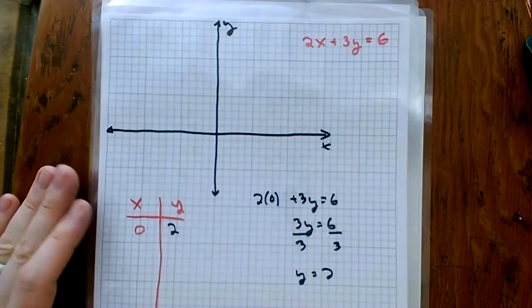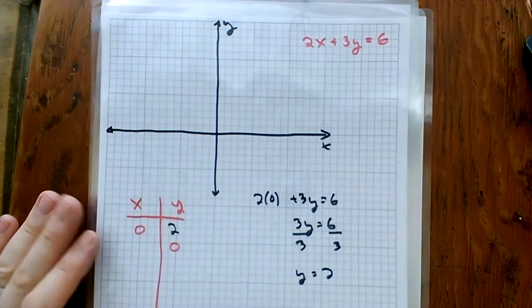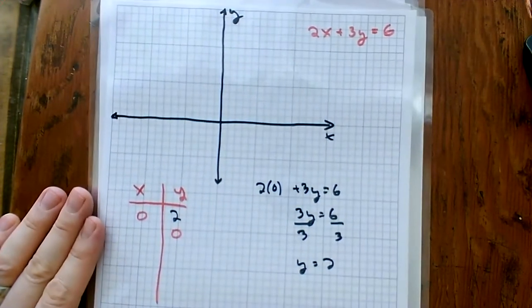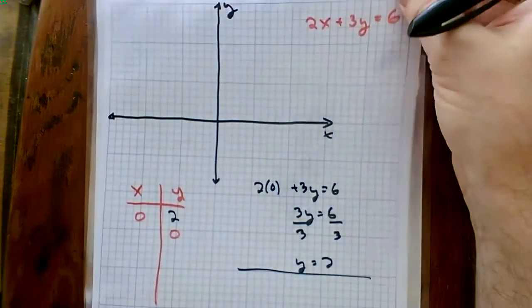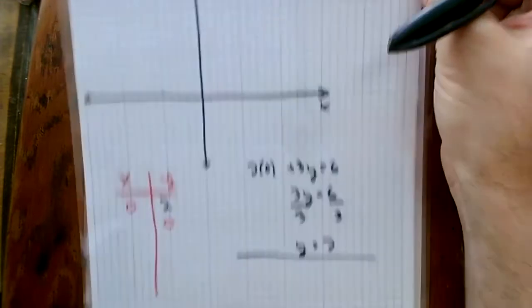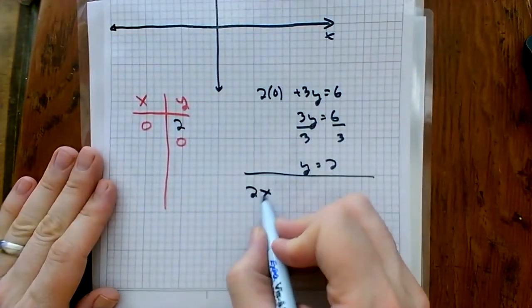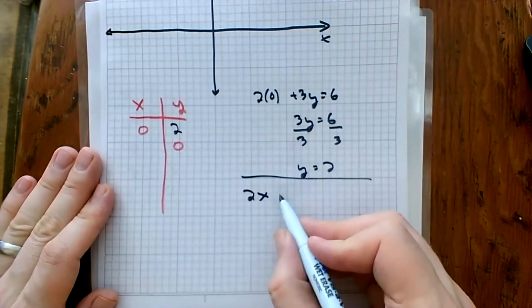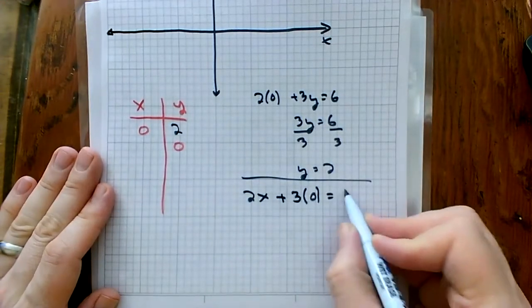Okay, let's see what happens when y is equal to 0. I'm going to shift things around a little bit here for a second. If y were equal to 0, I would have 2x, because I'm not substituting my x variable, I'm substituting my y variable, plus 3 times 0 is equal to 6.